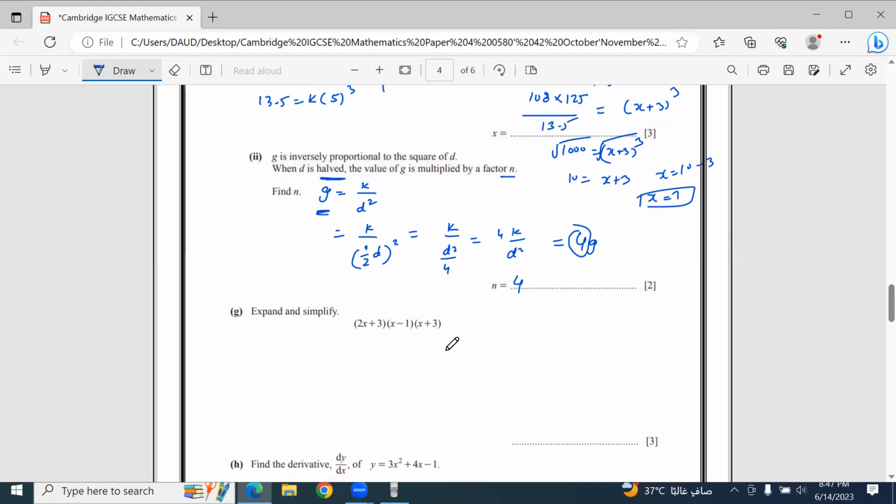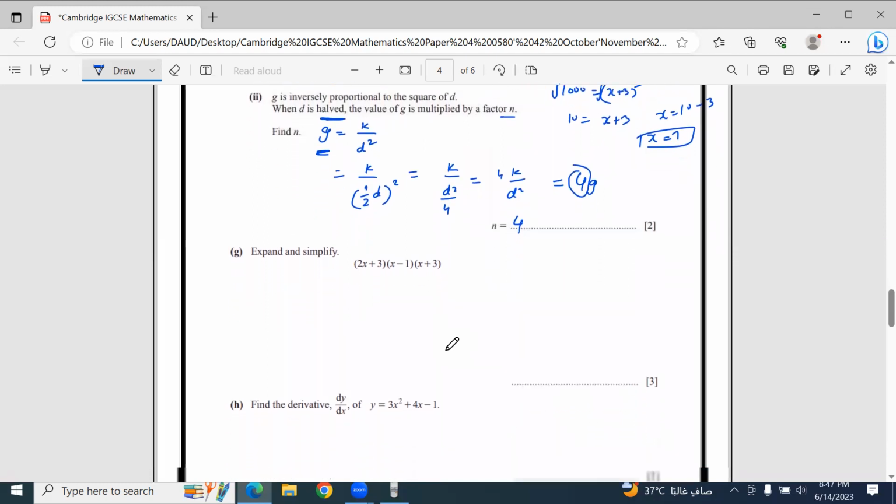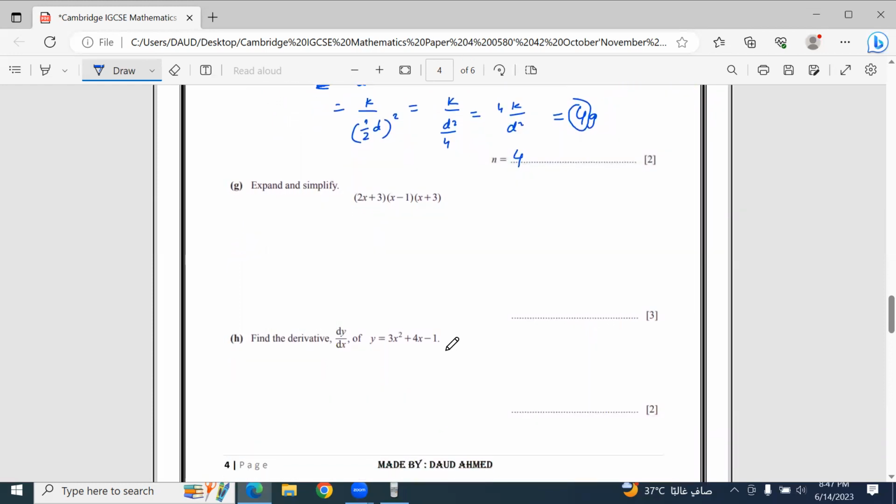Next, we have to expand and simplify. So if we check, you can multiply the first two or the last two, it's up to you. If you want to multiply the last two first, it would be x squared, means x multiplied by x, then x multiplied by 3. So plus 3x minus x minus 3, it gives me 2x plus 3. So x squared plus 2x minus 3.